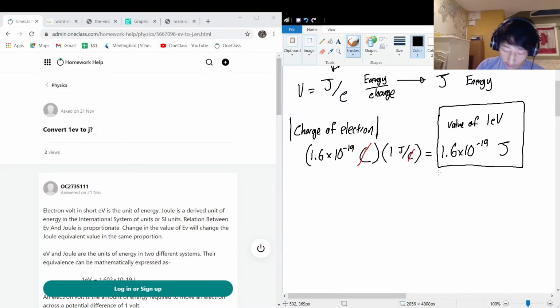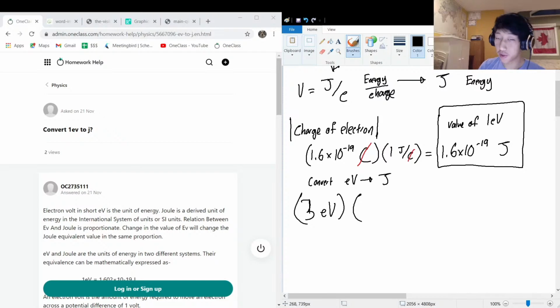Let's say you have like 3 electron volts. If we want to convert EV to joules, well, we know there's going to be this many joules, 1.6 times 10 to the negative 19. That's how many joules are in 1 electron volt. So you multiply it like this, 1.6 times 10 to the negative 19 joules, and we know that that's how many joules are in 1 electron volt.